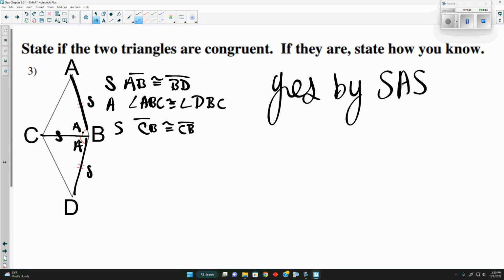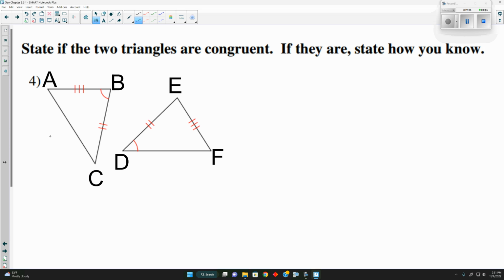And again, when we have these, we need to make sure that they line up. For side angle side, it works out as long as that angle's between them. Side, angle, side, side, angle, side, and they do line up. So this is yes. Questions on this here? We good with this here?